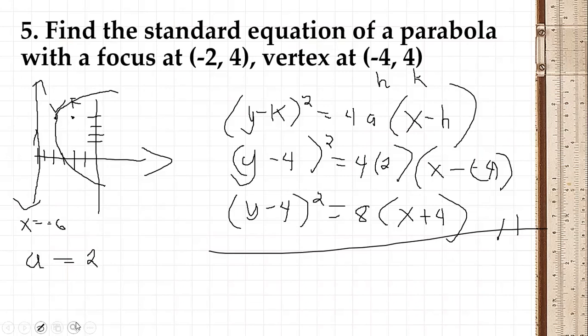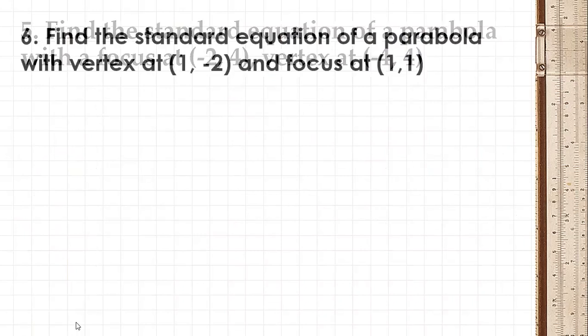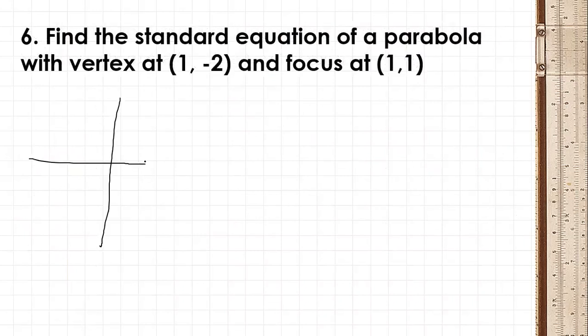Example number 6. Find the standard equation of a parabola with vertex at (1, -2), and our focus is at (1, 1). So this would be our focus, meaning our parabola opens upward. How many steps? 1, 2, 3. So 3 steps backward.